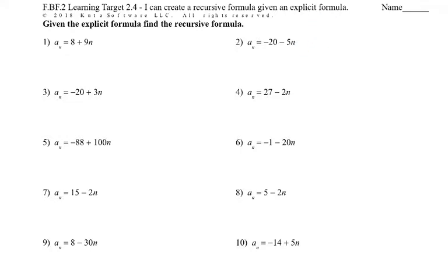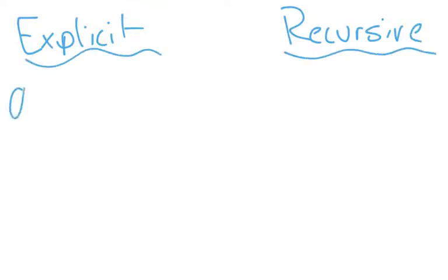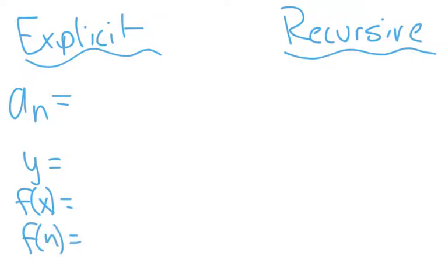To get to this point, you should know how to do all these other ones. So let's take a look at what the explicit gives us and how we can turn that into the recursive. With the explicit, we generally go a sub n. It could be y equals, f of x equals, or f of n as well, but for our sake, it's going to be a sub n.